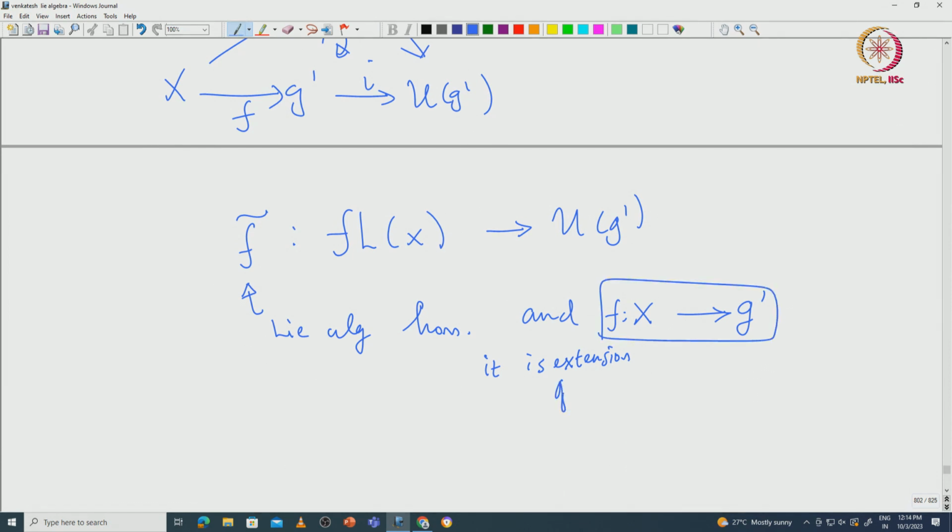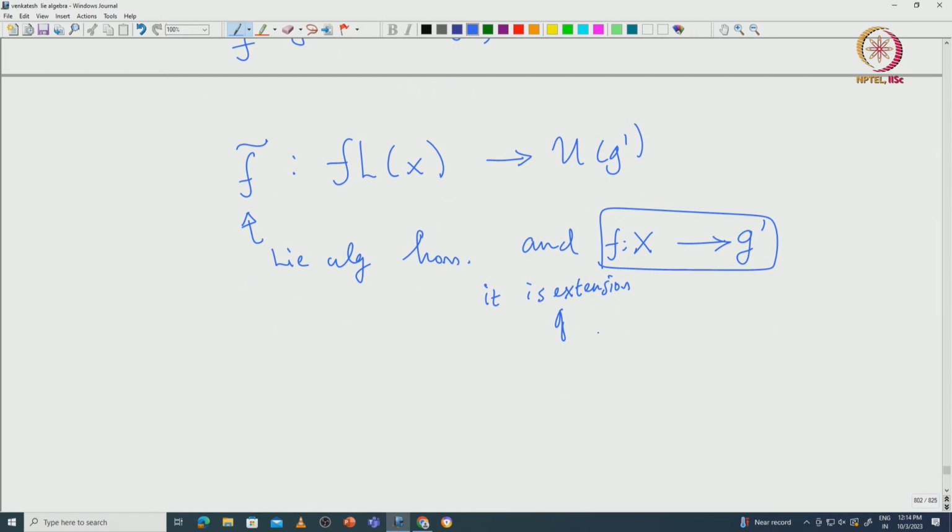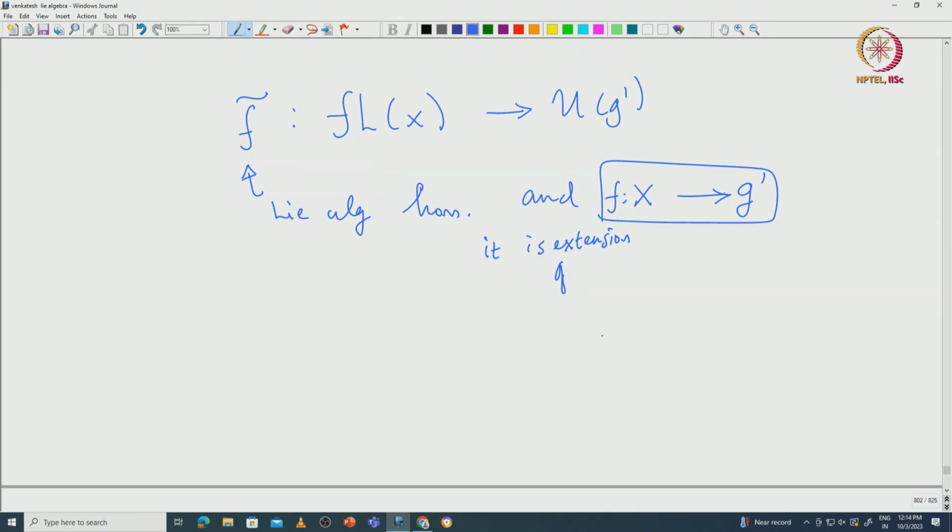So, you can see that the image of x under f tilde will sit inside this iota of g dash. Okay. But there is actually a big theorem called the PBW theorem.